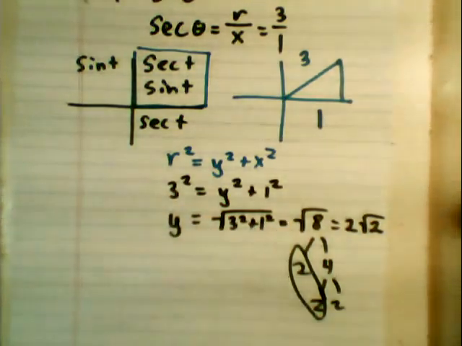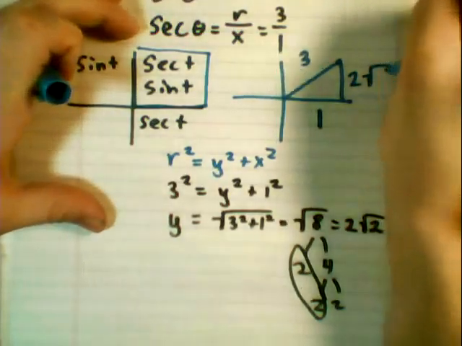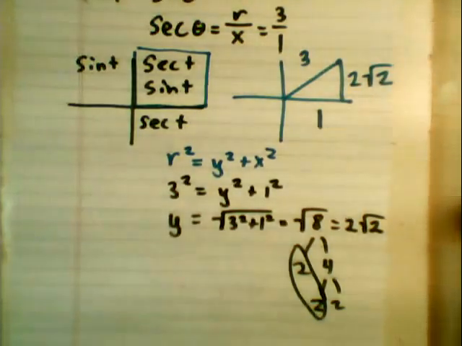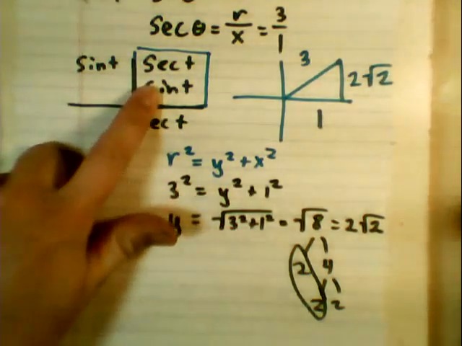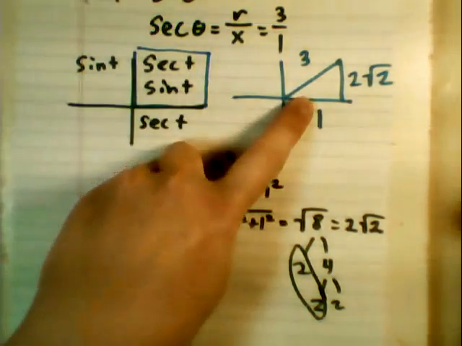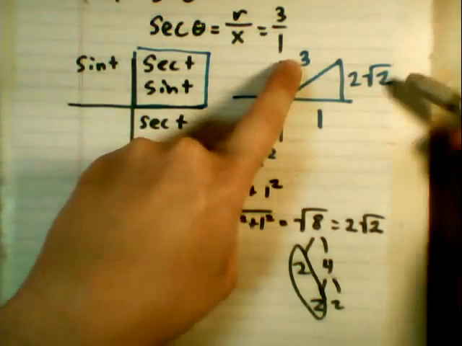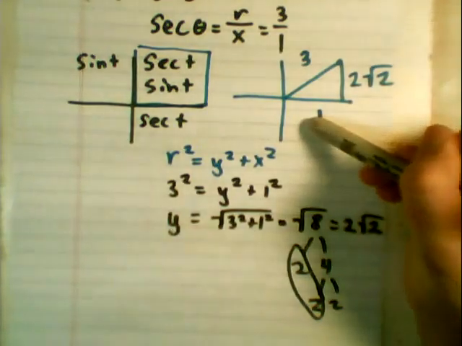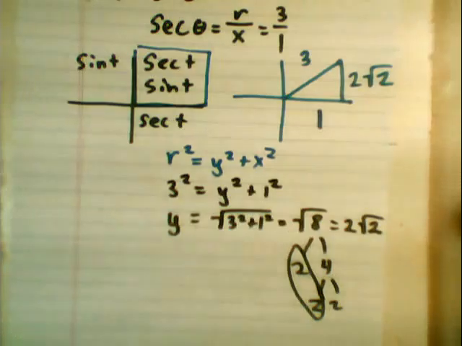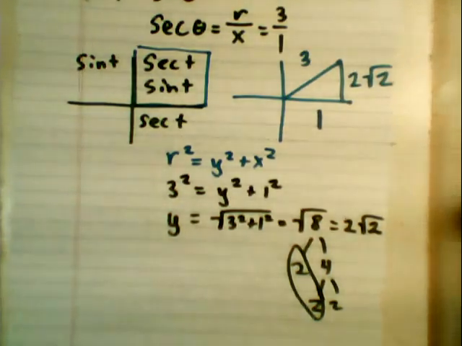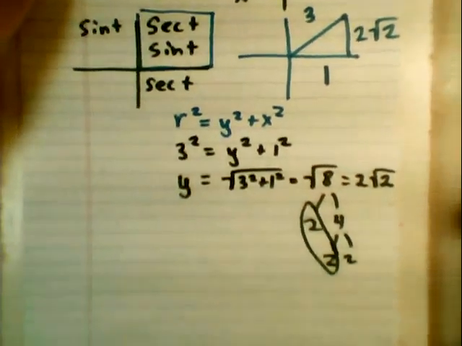So that is our y. Okay, so now that we know that we're in the first quadrant, which is all positive, we have our triangle with our radius, our y value, and our x value. We can go ahead and figure out how to find the exact values of the trigonometric functions that it asks.